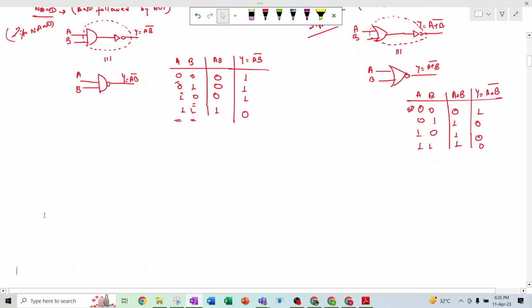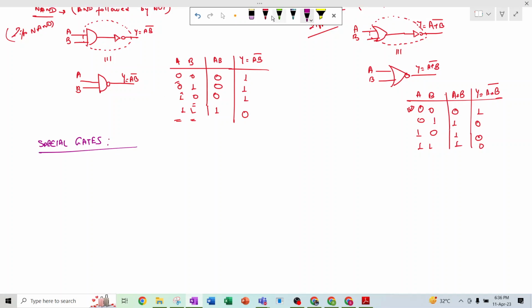Okay, so at first I will go for the special gates. In the special gates, the first kind of gate is the XOR gate.